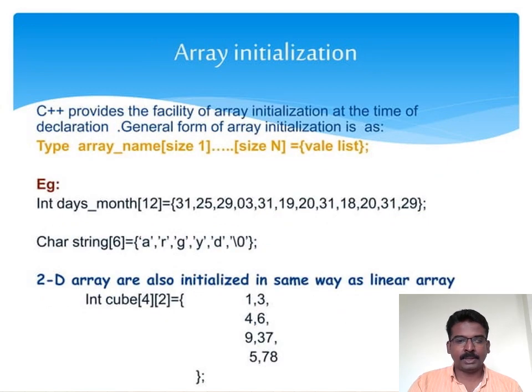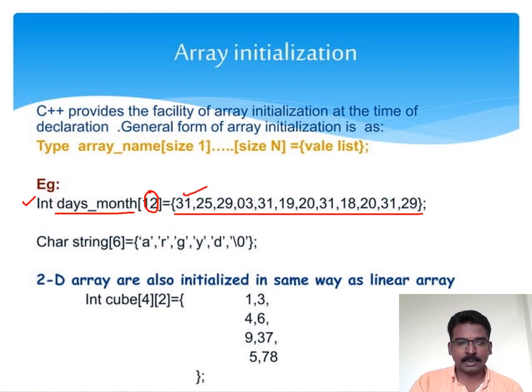Coming to the initialization of an array, here we are directly initializing the elements to an array. An array named days_month of data type int is created. It is going to store 12 elements in 12 memory locations. So these are all the elements that will be stored.